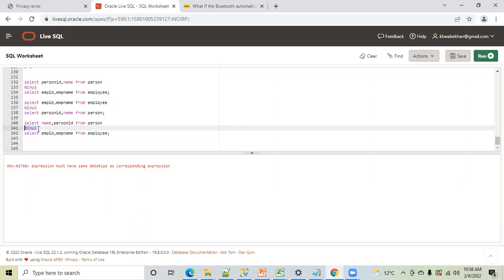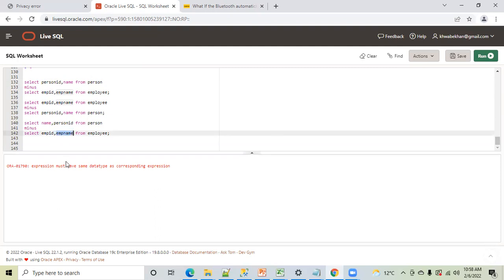Whenever you are using minus, you have used name as the first column after select, but after the minus you have used employee ID. So you are comparing name with employee ID, which you cannot do. Similarly, here is the person ID and here is the employee name. They are different data types, and that is why it is unable to compare. Are you getting it?